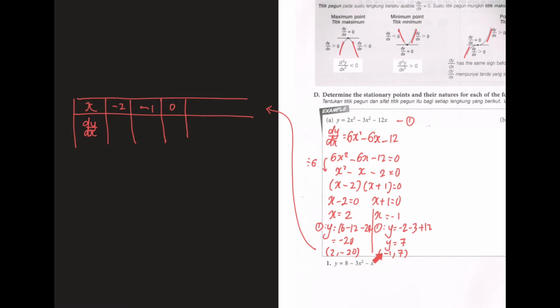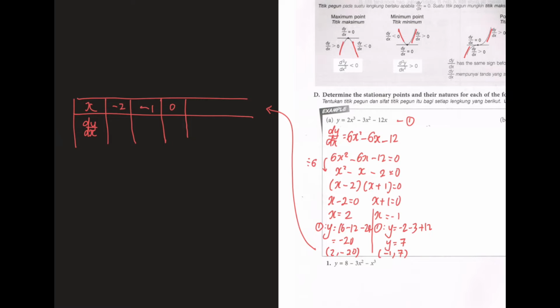I know the x coordinate is minus 1, so I use minus 1. Then I want to check the gradient on the left of minus 1 and on the right of minus 1. That's why I choose 2 values: one is smaller, another one is bigger.